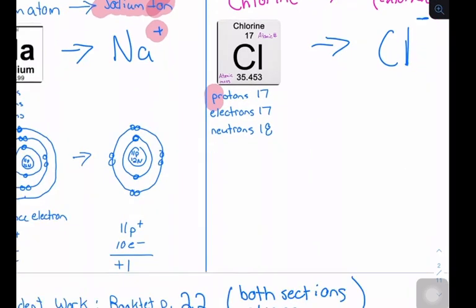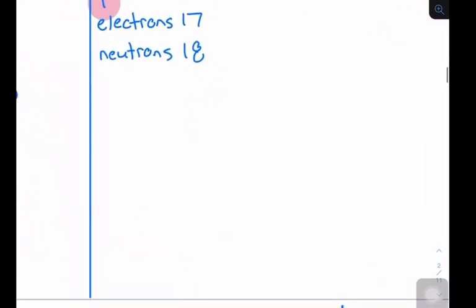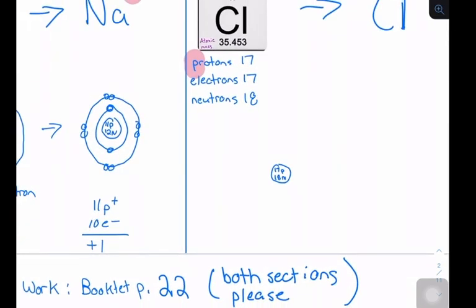So if I'm going to draw chlorine, I'll just zoom in a bit. My chlorine is going to have 17 protons and 18 neutrons. I just need to now draw the 17 electrons. First level has 2. Second level has 8 to make 10 in total.